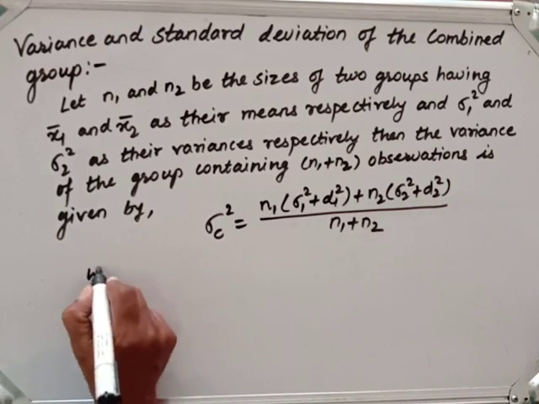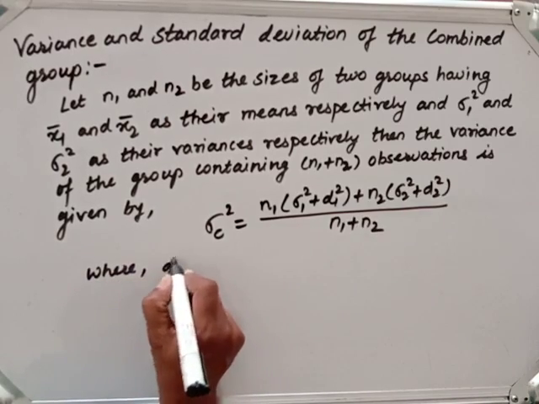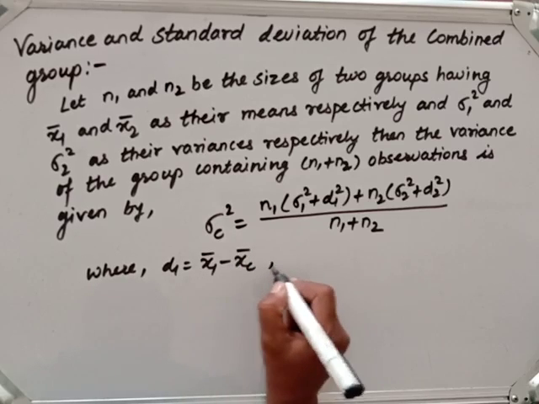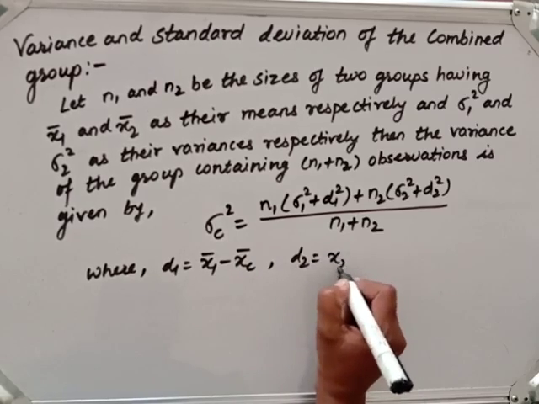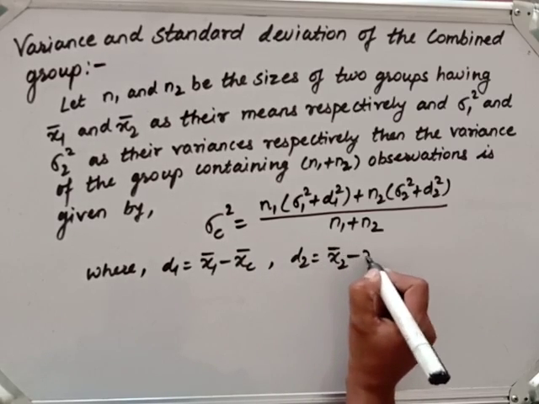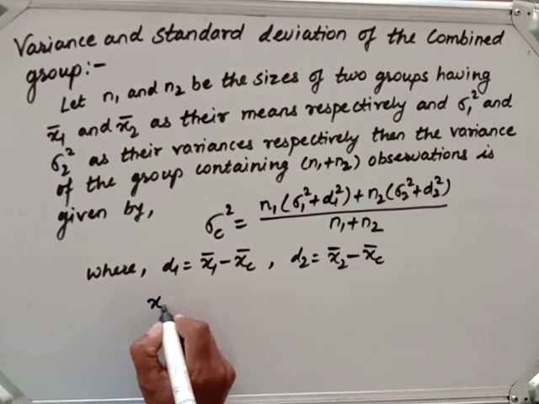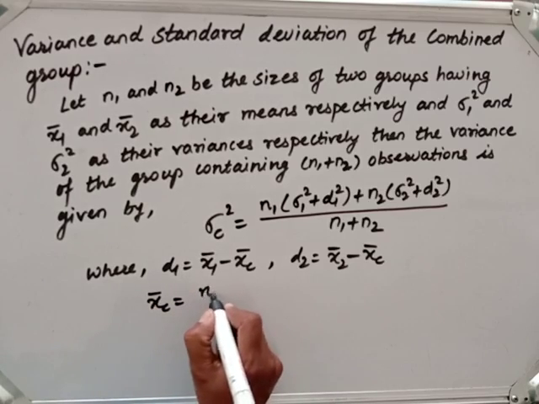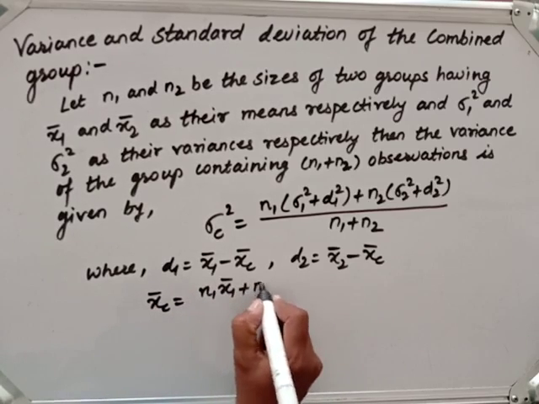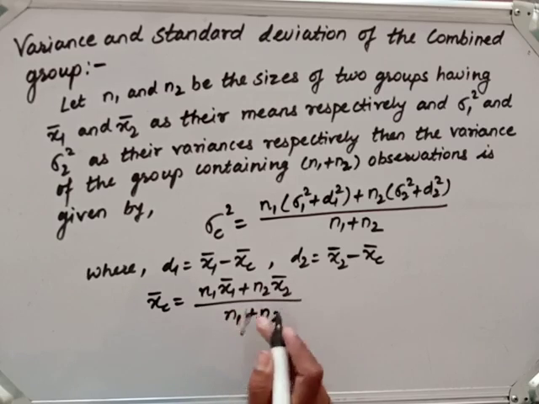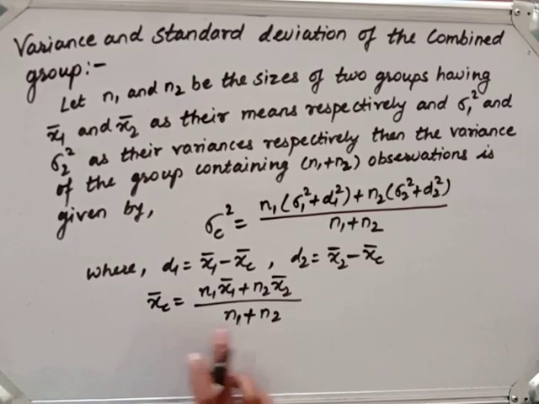Now here, d1 is x1 bar minus xc bar. What is d2? d2 is obviously x2 bar minus xc bar. So we need to find xc bar here. We have already taken it. It's the combined arithmetic mean. It has the result n1 x1 bar plus n2 x2 bar upon n1 plus n2.